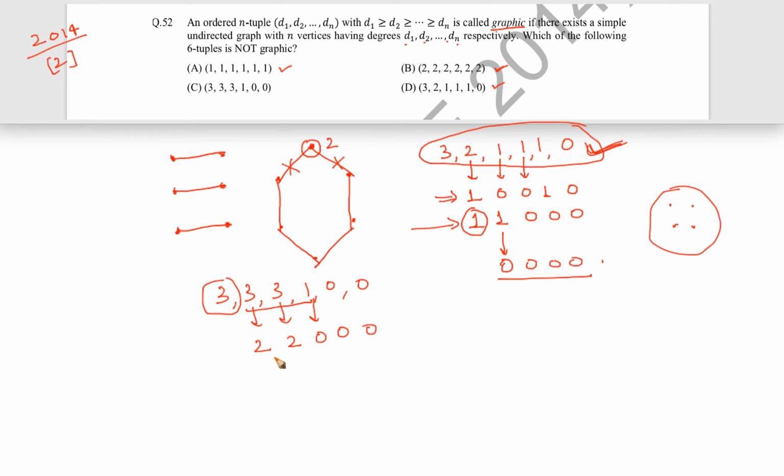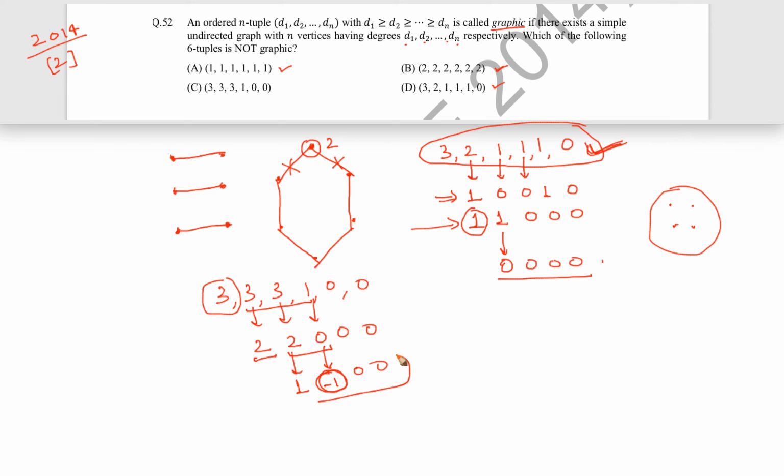We will try one more time. With 2, from the next 2 vertices we are going to decrease 1 each. 2 minus 1 is 1, 0 minus 1 is minus 1, and then 0, 0. So here we can see that we have got a negative number, which is not possible.